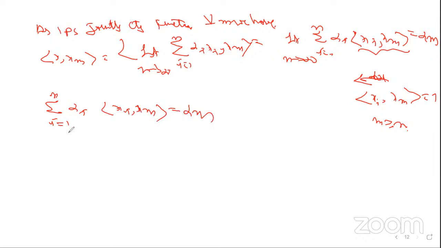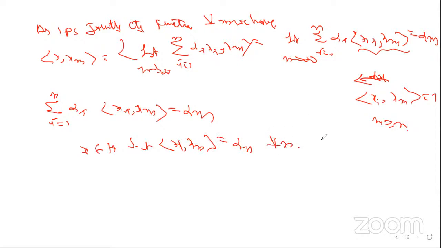Conversely, suppose that there is a small x belonging to capital X such that the inner product of x comma xn equals alpha n for all n.